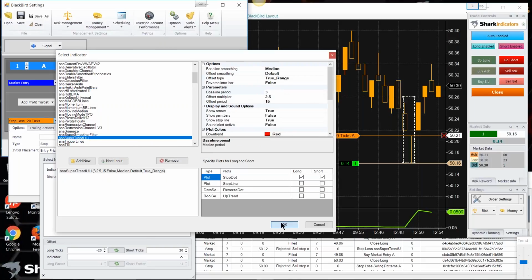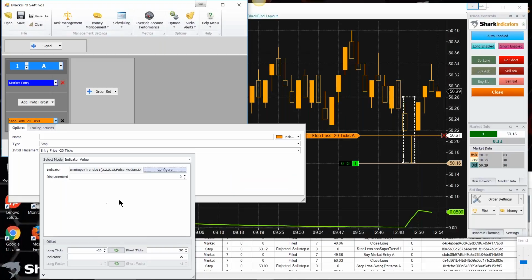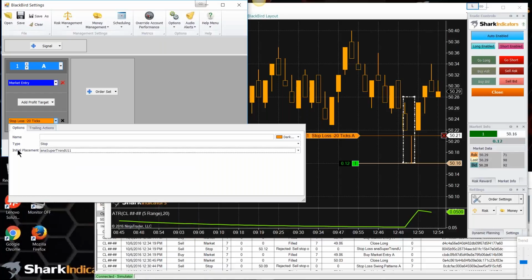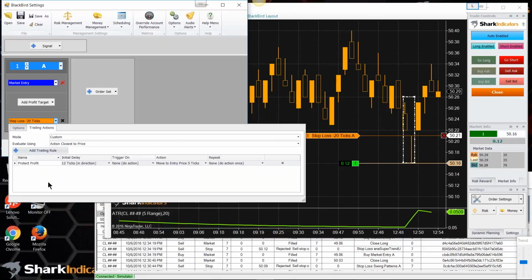We could use the SuperTrend, let's set that to 0. So there we go, no offset. So let's just say we set our stop loss to wherever the anaSuperTrend is. So that's the initial placement.